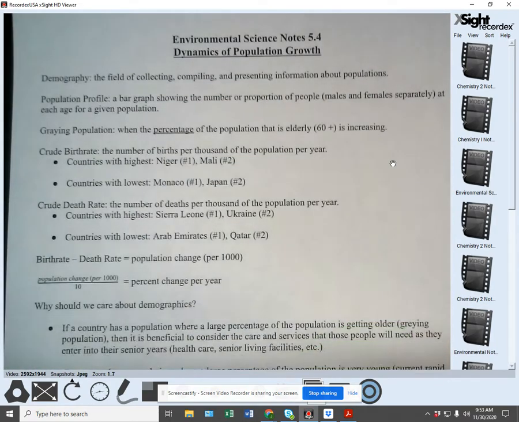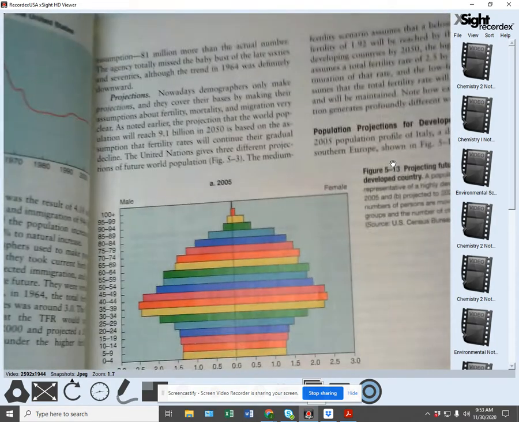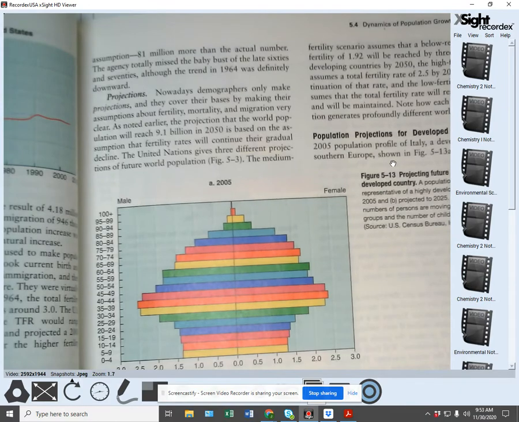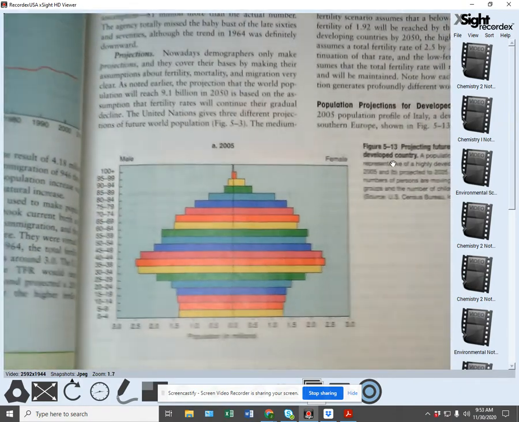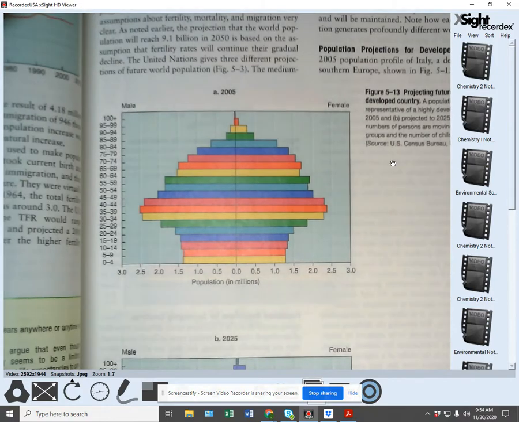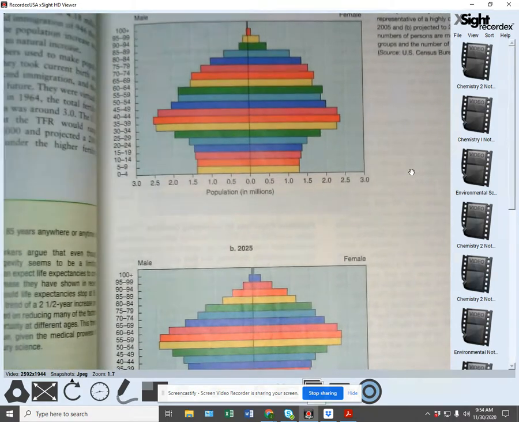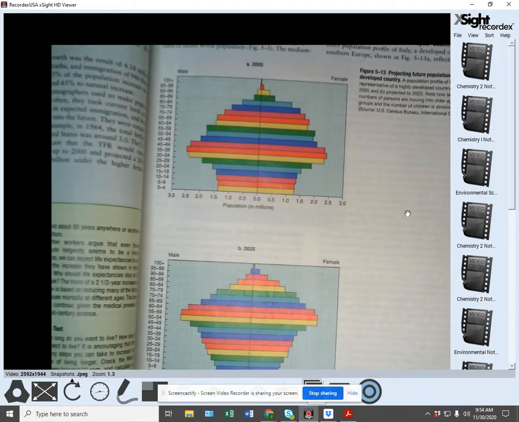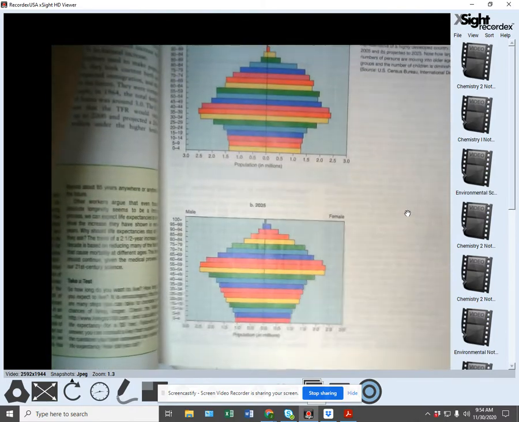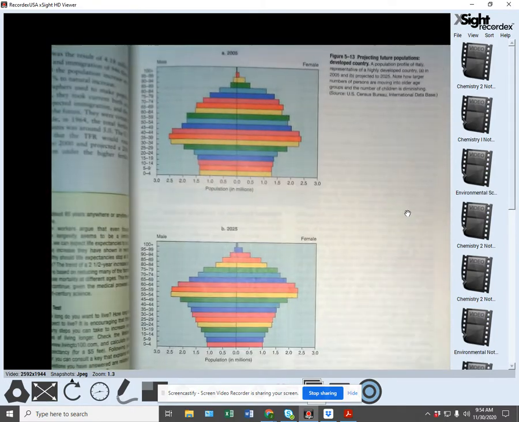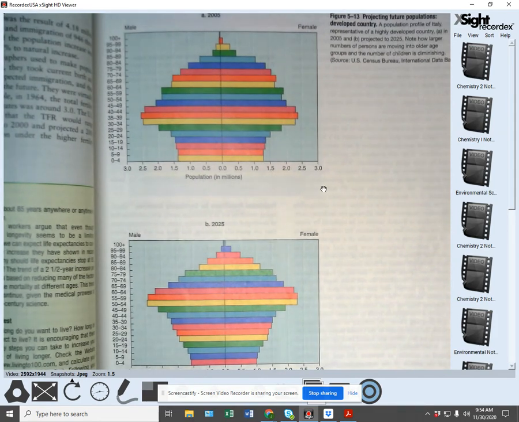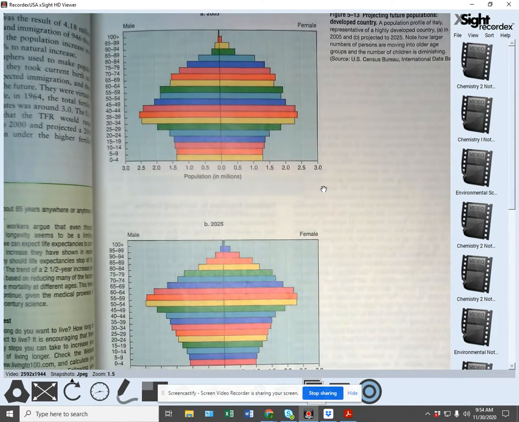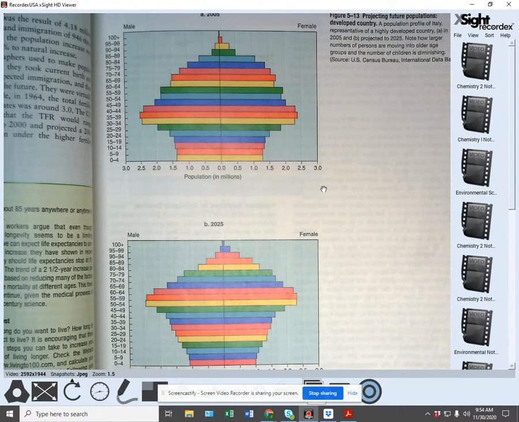Okay, so you've got population projections for two different types of countries. These are population projections for developed countries. Hold on, so we can see it a little better. A developed country, like the United States, is a developed country.